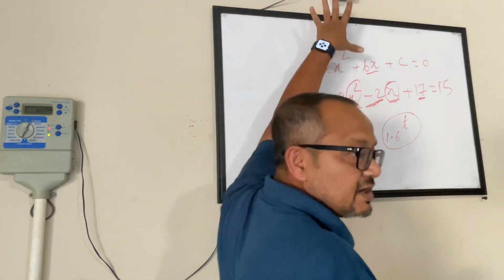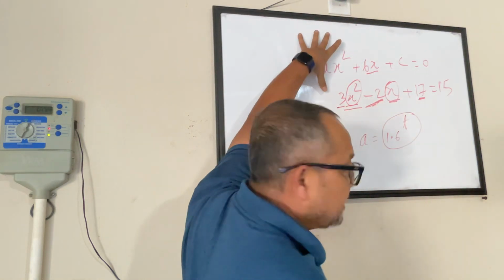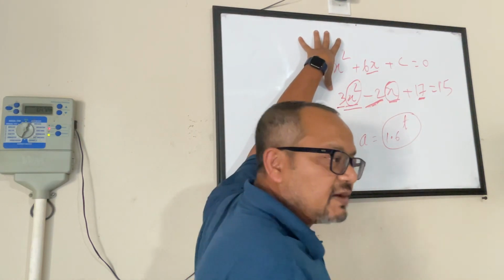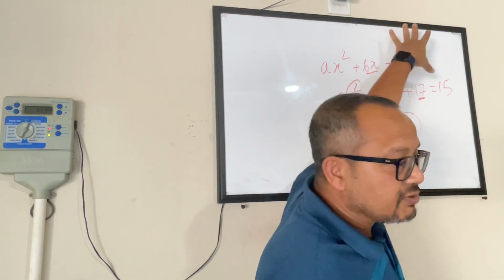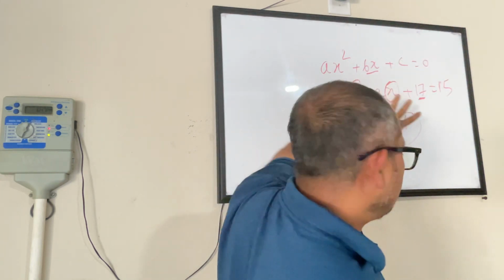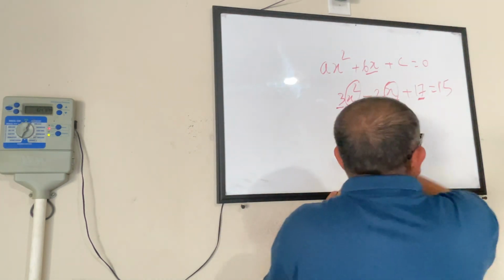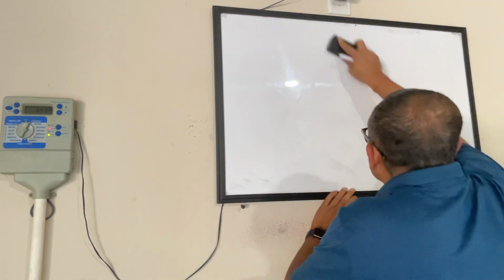This is the premise of what we're going to learn. Any and every word problem that we'll deal with today would be in the form of a quadratic equation or exponential equation. Let's look at a very classic example.